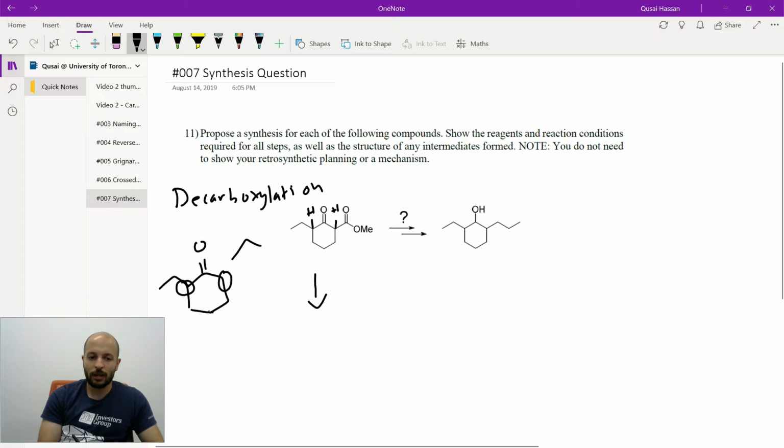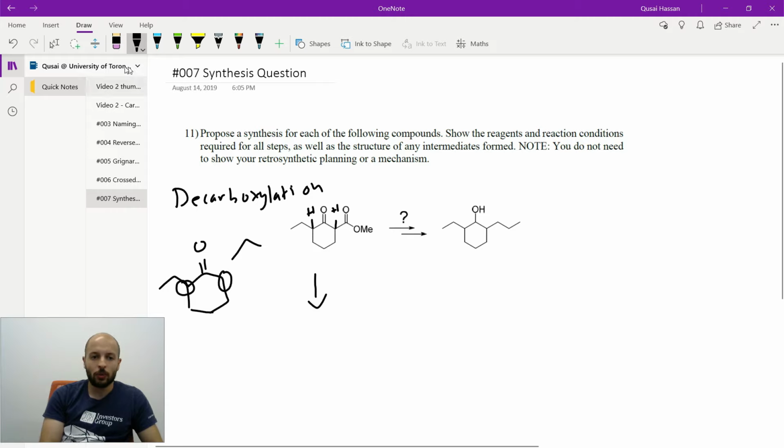Now we can do that. It's going to be a little bit harder in this case because they have really close acidity. One is a little bit more sterically hindered than the other, so you could use a large base like LDA to target this specific alpha hydrogen versus this one.